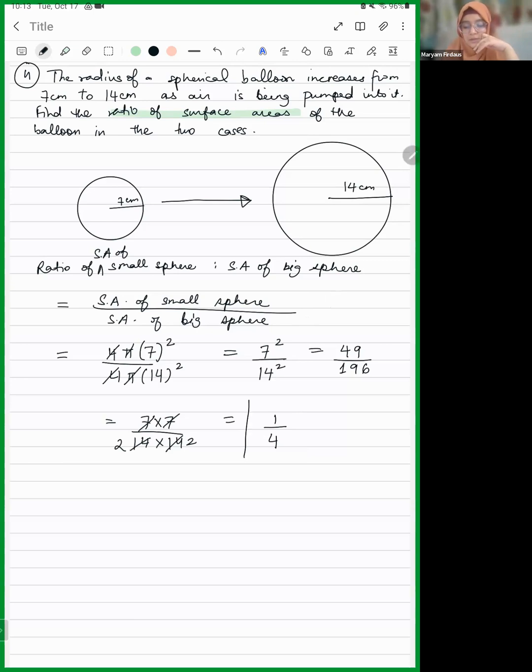This is going to be your answer. Is this thing clear about the units? Avni? Yes, ma'am. Let me know when you're done writing this.